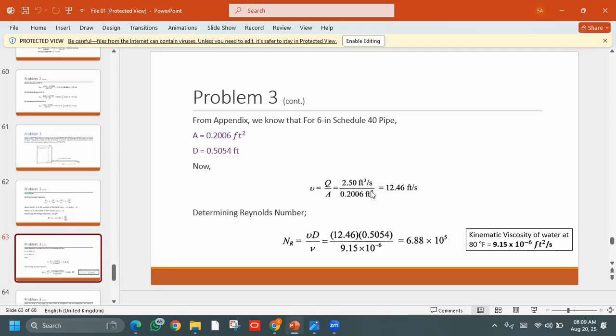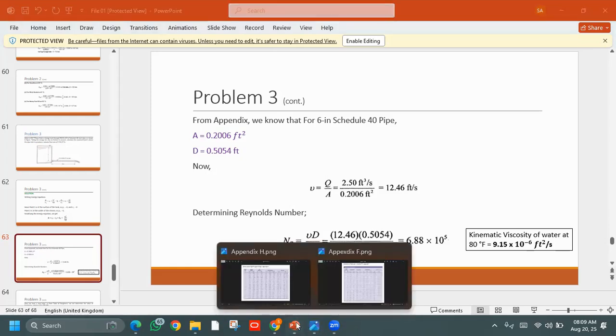The discharge equals 2.50 and the area from appendix H is 0.2006, so the velocity is 12.46 feet per second. Putting this value into the Reynolds number equation, we get a Reynolds number of 6.88 times 10 to the power 5. If you want to see the value of kinematic viscosity, we have it in the appendix.